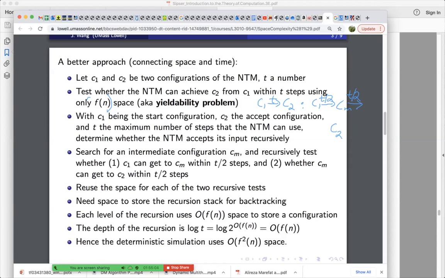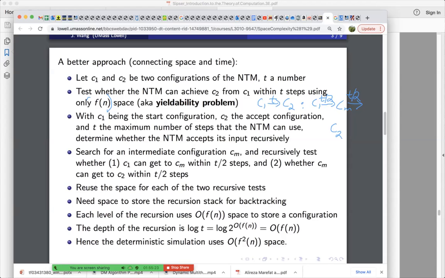So then we reuse the space for each of the 2 recursive tests, because for each iteration, you can start from reusing the space that was used before.